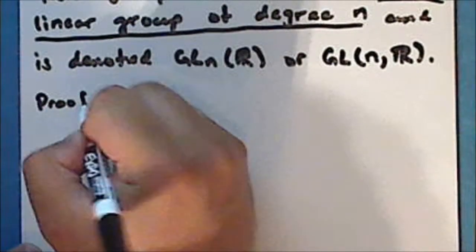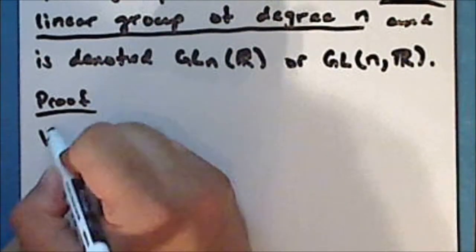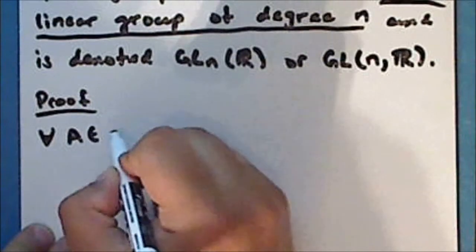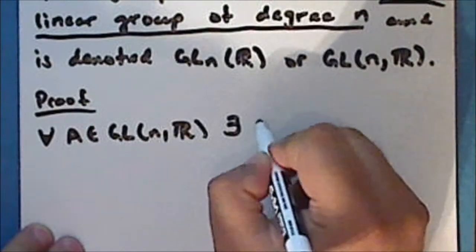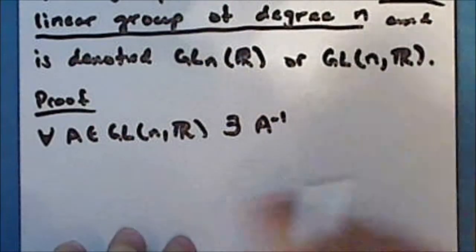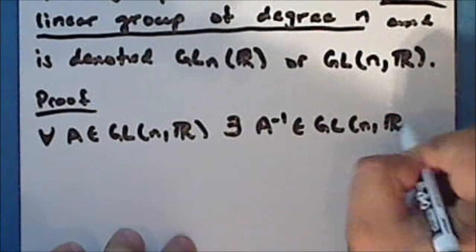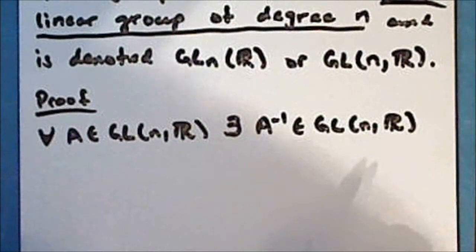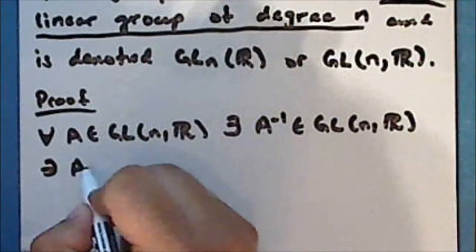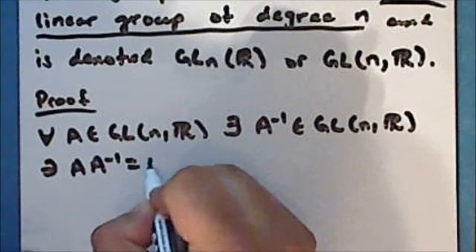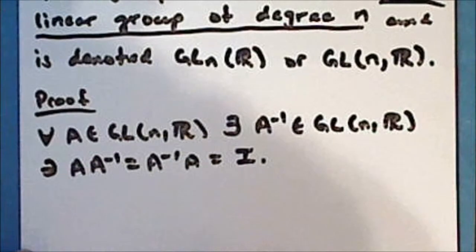So proof, we'll start with the most obvious property. For every matrix in this set, there exists the inverse of the matrix A in this set, since once again this is the set of all invertible square matrices of order n with real entries, such that A times A inverse is the same as A inverse times A, which is the identity matrix.